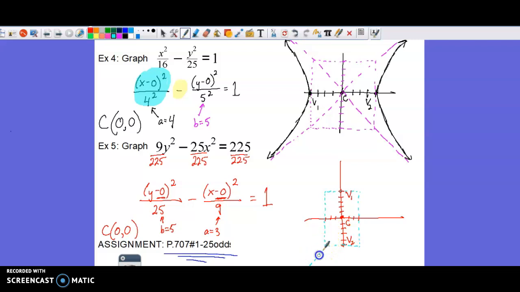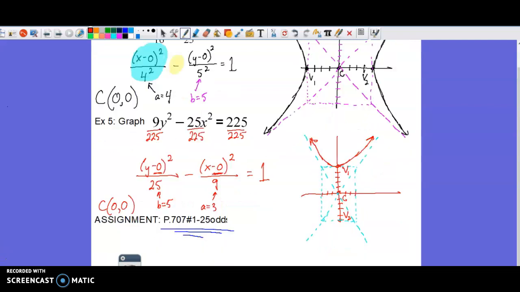And then a diagonal through the corners. So notice that this is going to be a skinnier hyperbola than this one up here. But because y was written first, let's switch back to red. It's an up and down hyperbola instead of being left and right.